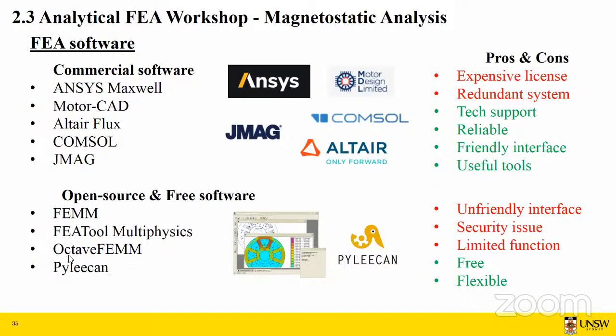The Octave FEMM and the Pelican, they are all based on FEMM, okay? The only difference is Octave FEMM uses Octave, which is a different version of MATLAB, to control FEMM, and Pelican uses Python to control FEMM, okay?